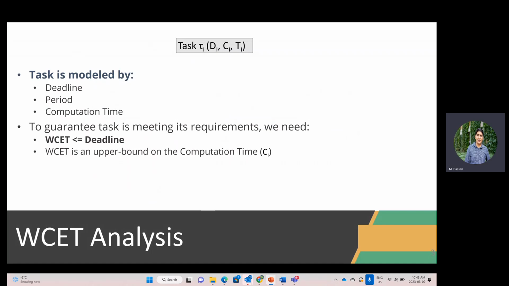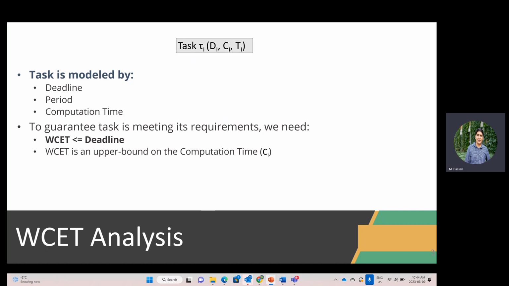Good. So for that purpose, we are going to discuss what we call worst case execution time analysis. We already modeled the task by deadline, period, and computation time. Our condition for guaranteeing the timing requirement is that, always, the worst case computation time, or worst case execution time, has to be less than or equal to the deadline, right? Otherwise, you lose your requirements, and there are no longer guarantees.